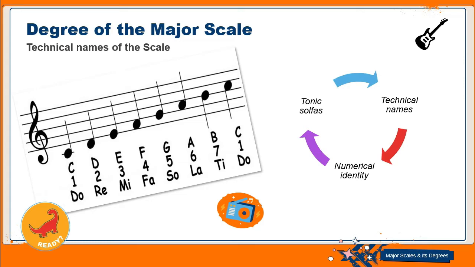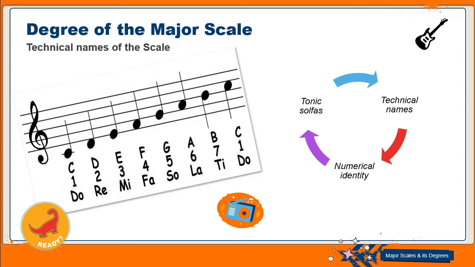Now, there is an example for us. You observe that sometimes, even in the degree of the major scale, we use the solfas to study the degree. The first degree is followed by the second, which is higher than the first, then the third. As you are going higher, the pitch of each degree is higher.